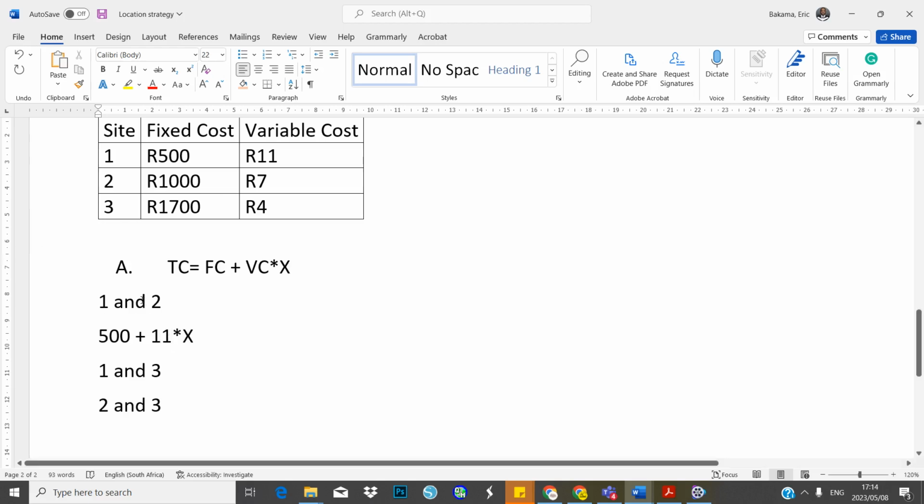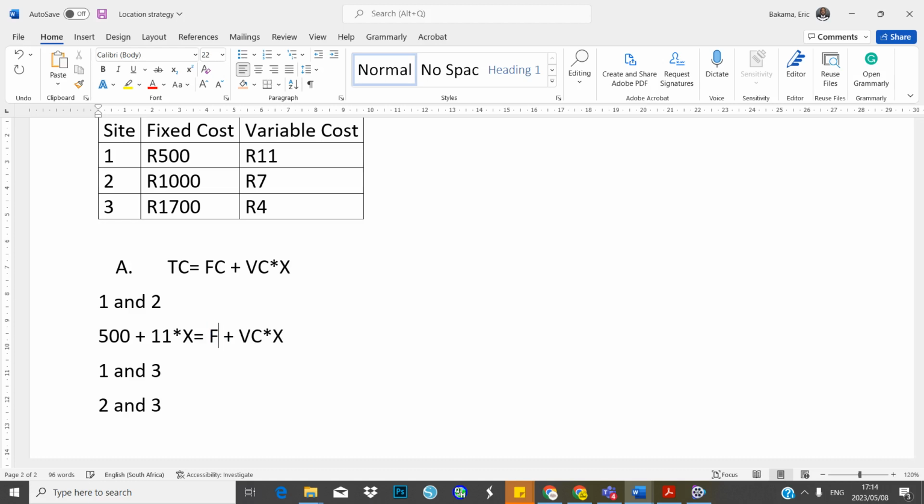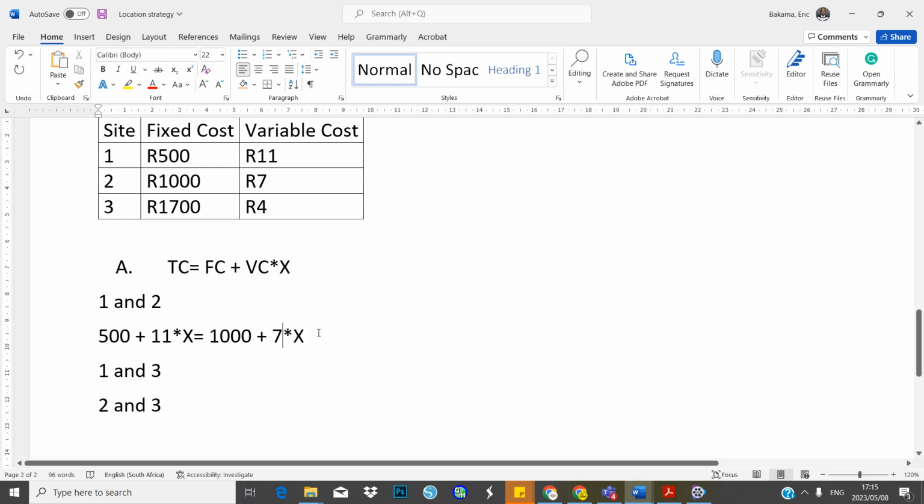I need to make sure that this total cost of site 1 is equal to the total cost of site 2. The fixed cost for the second one is 1,000 plus the variable cost, which is 7 times x. So what I have to do here is make x the subject of my equation.